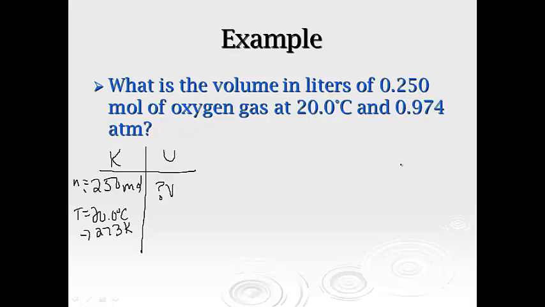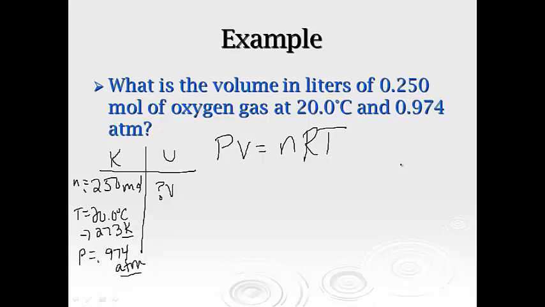Then we also have a pressure value of 0.974 atm, and we want to know the volume. So we're going to have PV, and everything is already in the correct units. It's in atm, it's in Kelvin. We're going to find volume in liters.